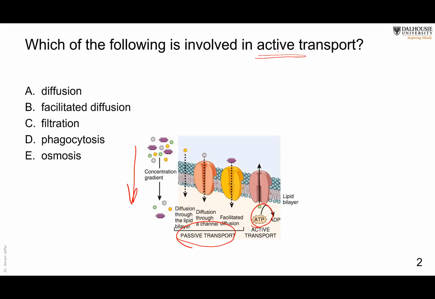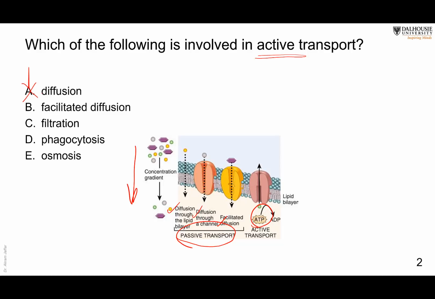Diffusion, whether it is through a lipid layer or through a protein channel, or it is a facilitated diffusion, is a diffusion down the concentration gradient, and it is not considered active.